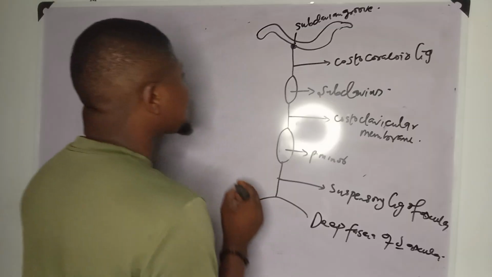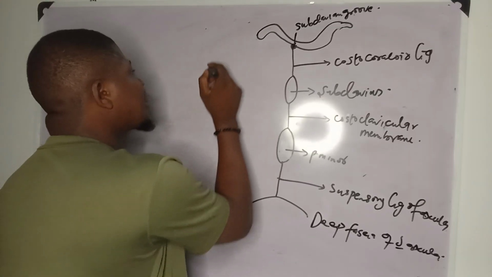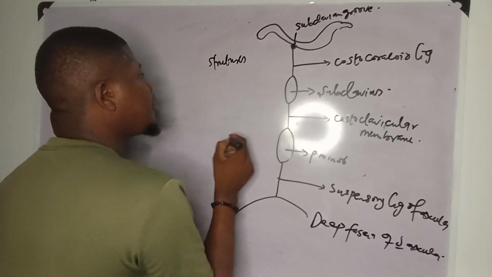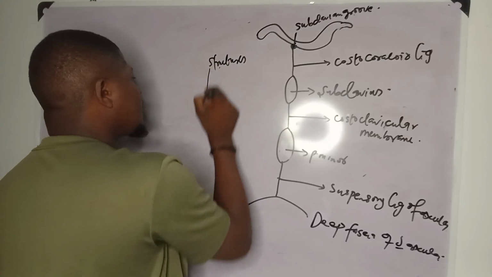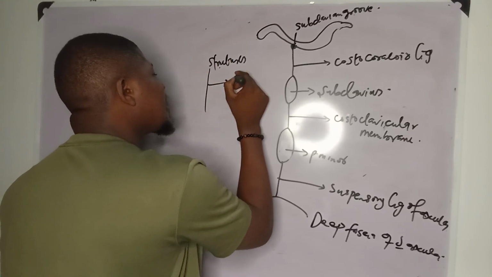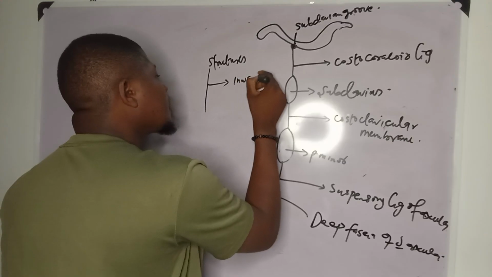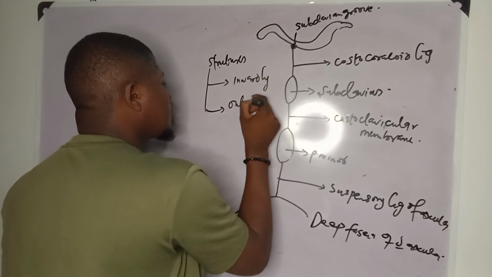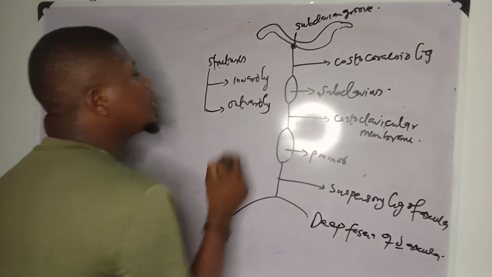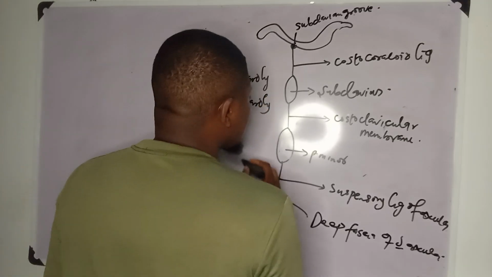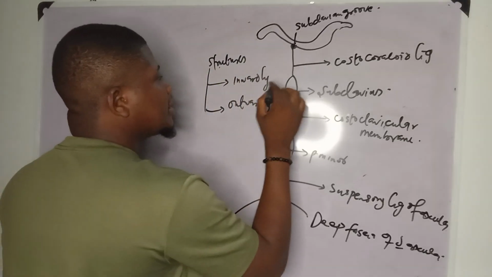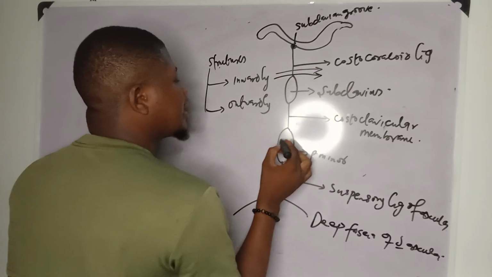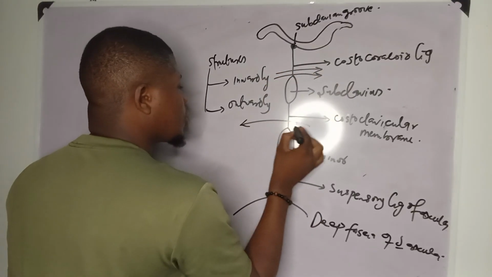Then the next thing is the structures that pierce it. What structures pierce the clavipectoral fascia? We have structures that pierce it inwardly and structures that pierce it outwardly. Inwardly is going inside, and outwardly is coming outside.